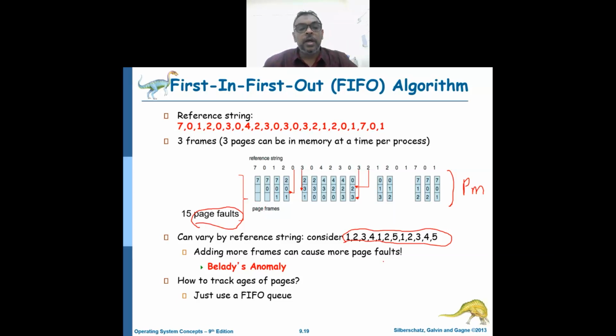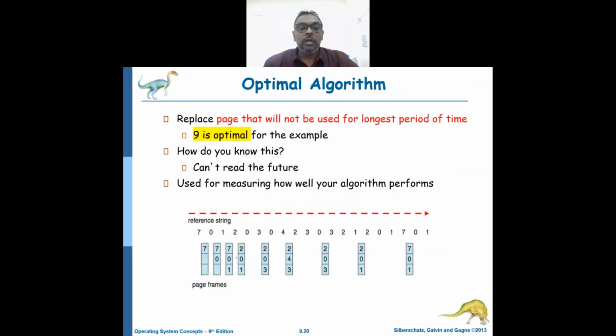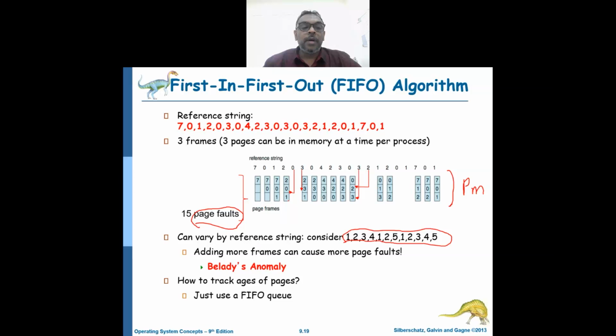No. It will actually cause more page faults. And you have something called Belady's anomaly. Belady's anomaly means even if we change the string, you will get more page faults. Even if we change the sequence like this, or add one more frame here, you are actually going to cause more page faults.